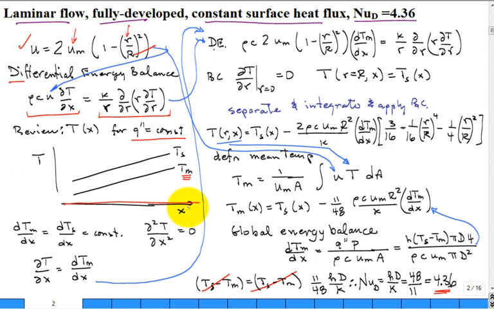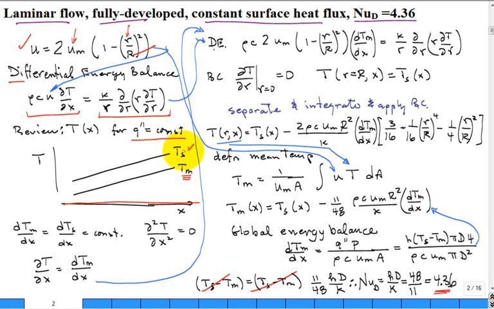What about the surface temperature? If it's fully developed, h is constant. Convection coefficient is not changing. The flux is not changing. So the delta T between the local surface wall temperature and the mean temperature is constant. So it linearly increases as well.